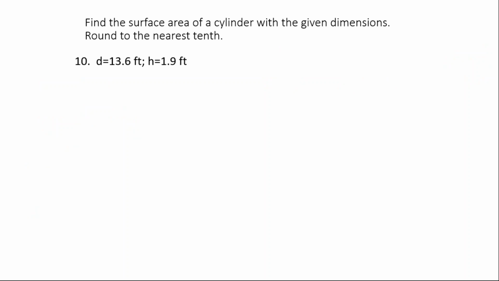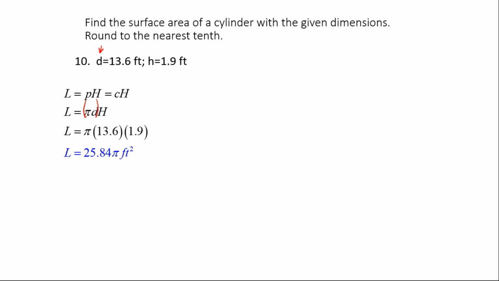Okay, number 10, just keep a reminder, that's diameter. Lateral is perimeter times the height. The circumference can be pi d, so I didn't have to do anything there. But I do have to do over here, radius is going to be 6.8 because the area uses the radius.